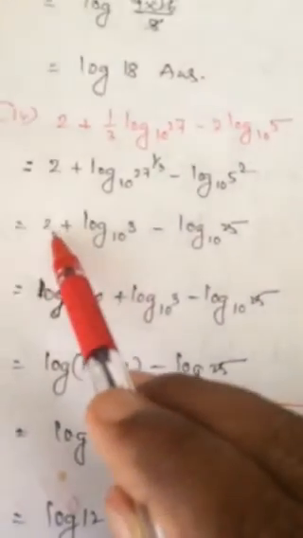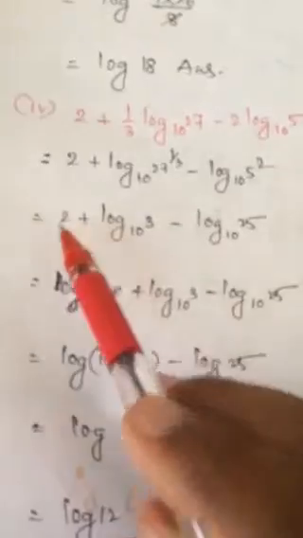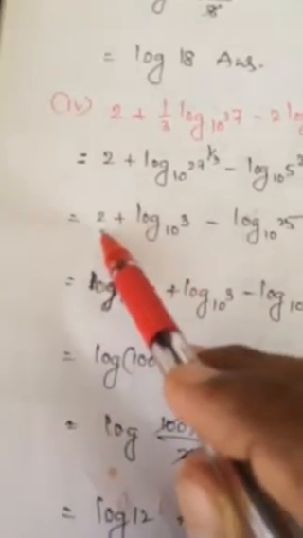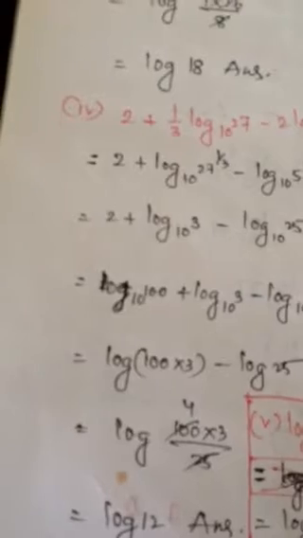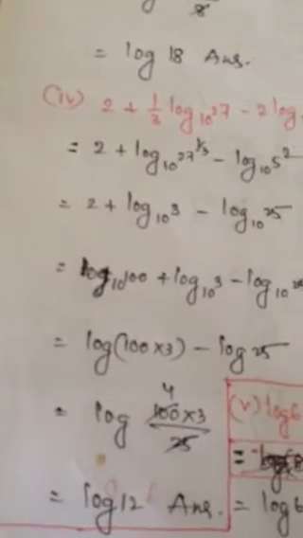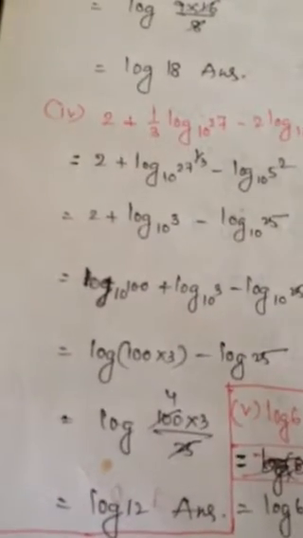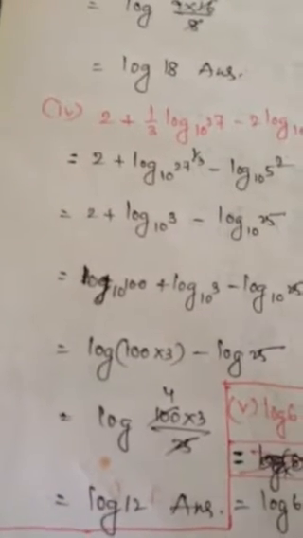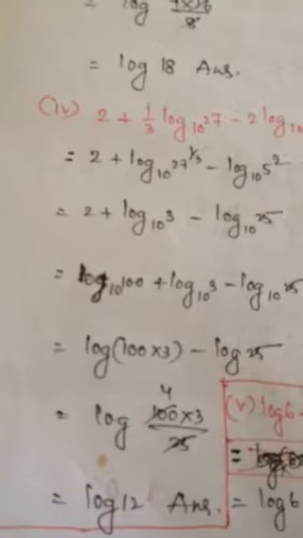After that you see here 2. All bases are 10, but here there is no log. So this also is written in the form of log. How to write? Log of 100 to the base 10 is always 2. I have told you that log of 10 to the base 10 is 1, log of 100 to the base 10 is 2, log of 1000 to the base 10 is 3.